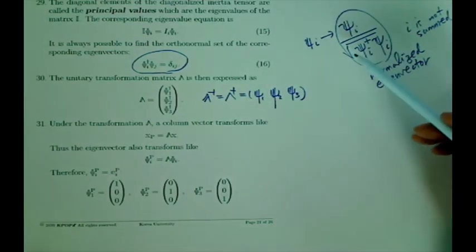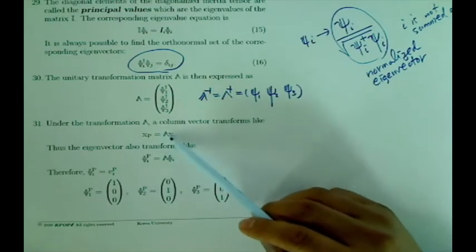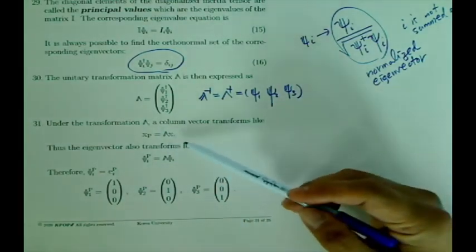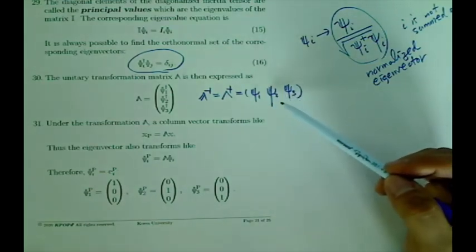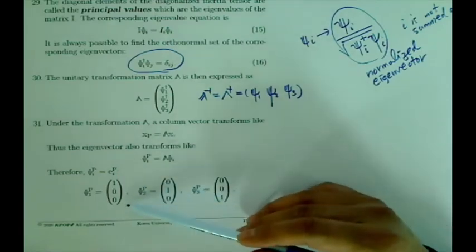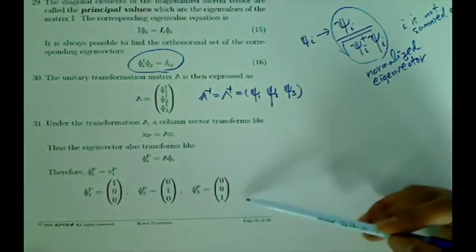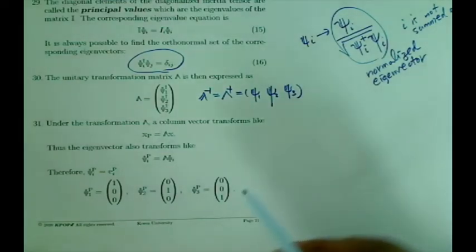And after multiplying this transformation matrix that diagonalizes the inertia tensor to these eigenvectors, the resultant eigenvector is just a trivial one: (1, 0, 0), (0, 1, 0), and (0, 0, 1). In this space, the inertia tensor becomes diagonalized.